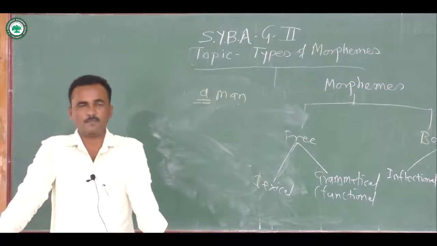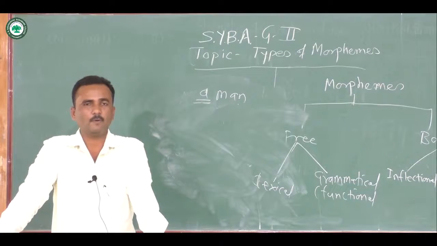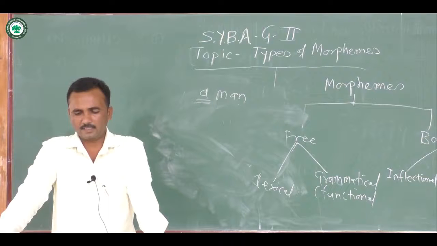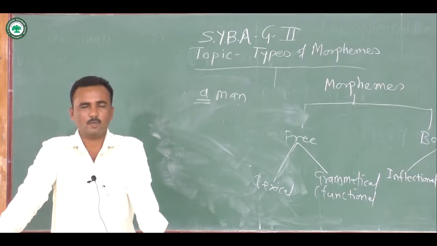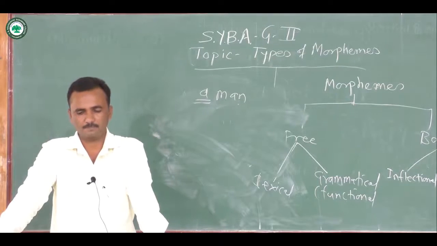So functional morphemes, which are one of the types of free morpheme, provide grammatical information, or indicate the relationship between entities in a sentence. So a functional morpheme just tells us about the grammatical information.